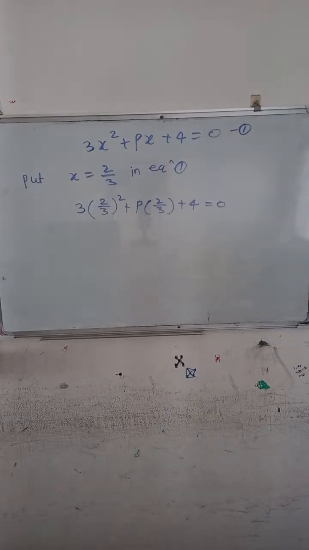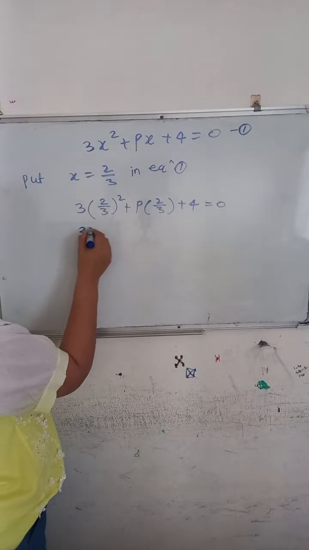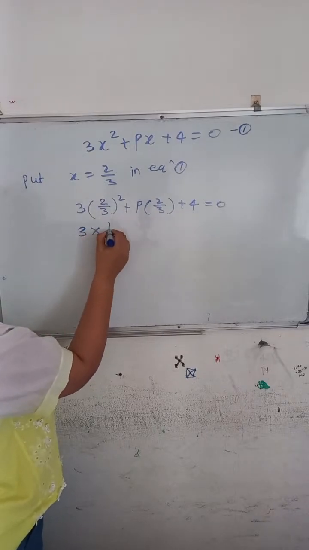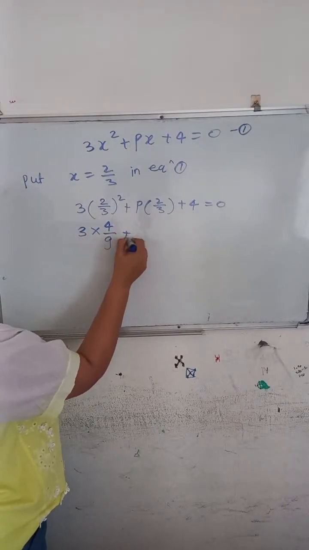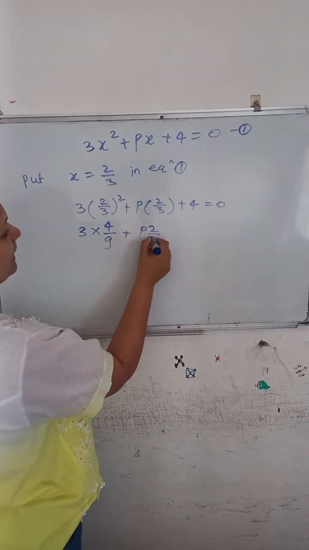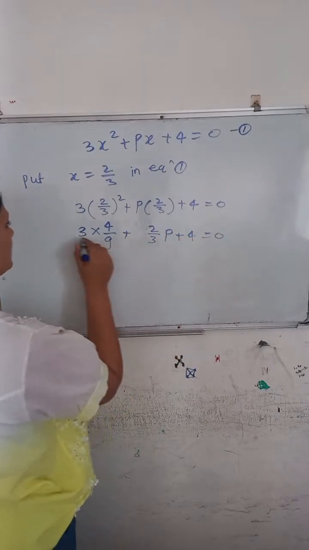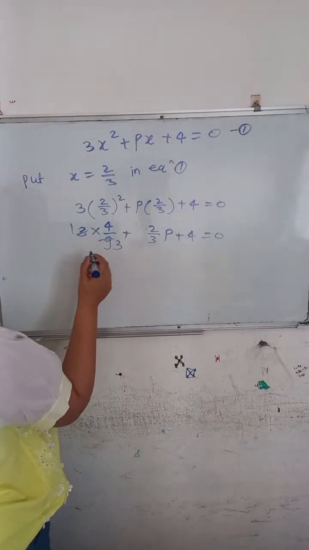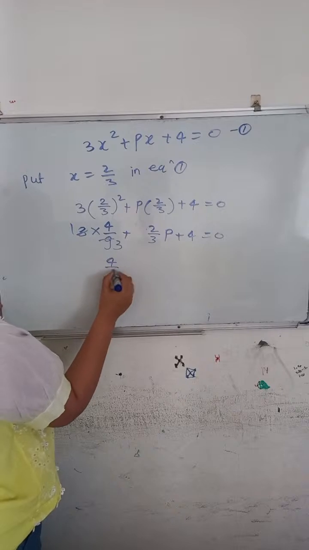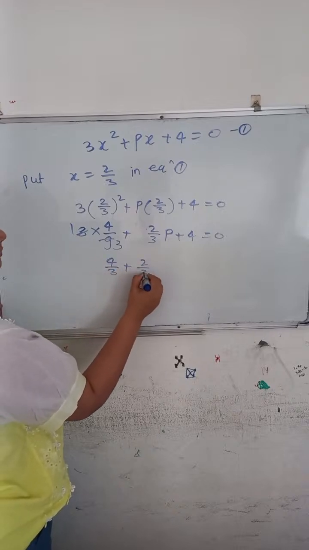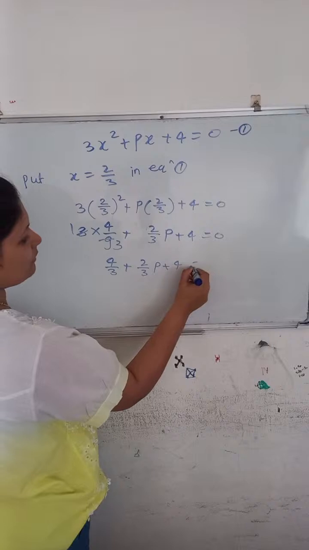Okay. So here 3, 2 square, 3 square. 2 square is 4, 3 square is 9, plus 2 by 3p plus 4 is equal to 0.